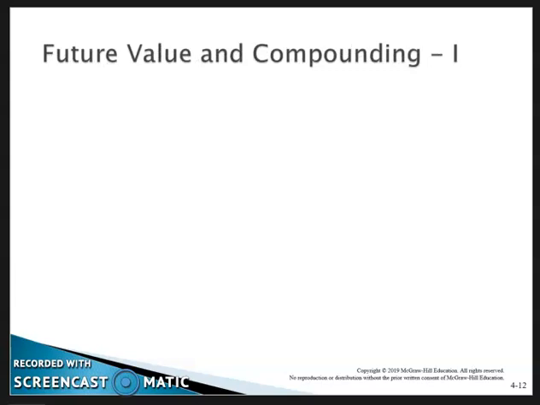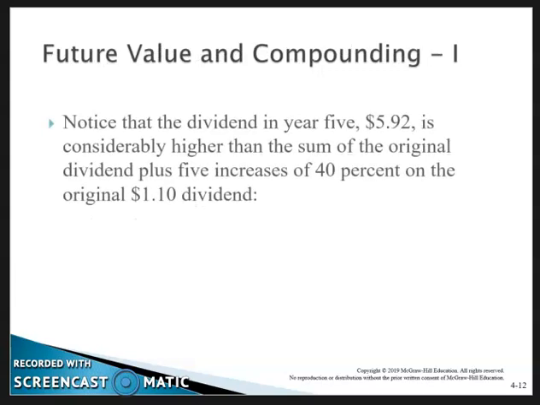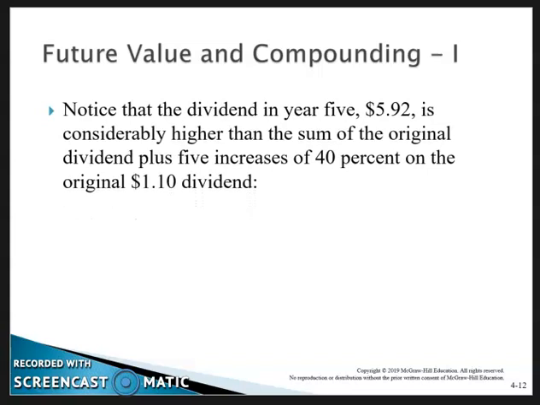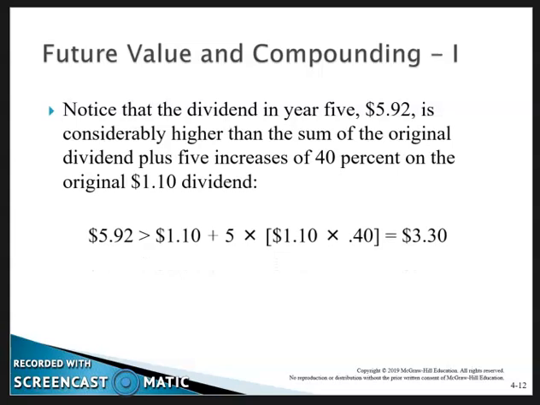So, future value and compounding. Notice the dividend in year 5, $5.92, is considerably higher than the original dividend, plus 5 increases of 40%. What we see over here is a simple interest calculation.